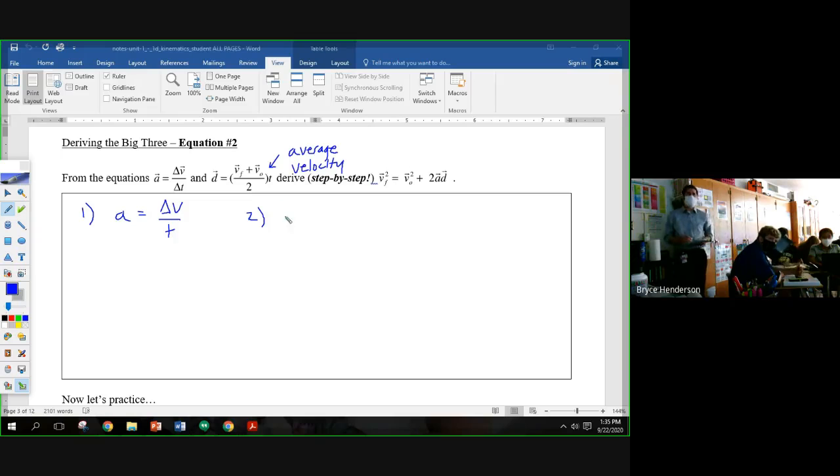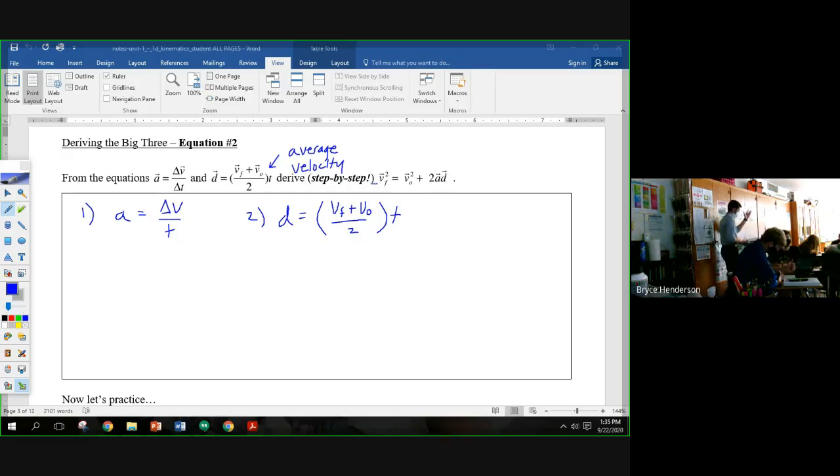I'm going to copy both of those side by side. So I've got acceleration on one side, equation 1, and average velocity on the second. This is the distance traveled by an object, and there are 2 different velocities. That's why we have velocity final plus initial over 2 times some unknown time t.